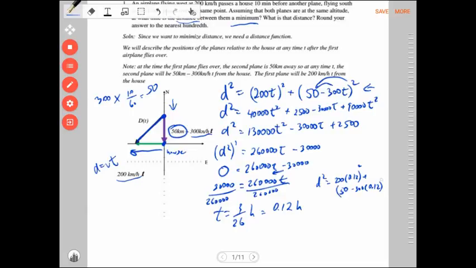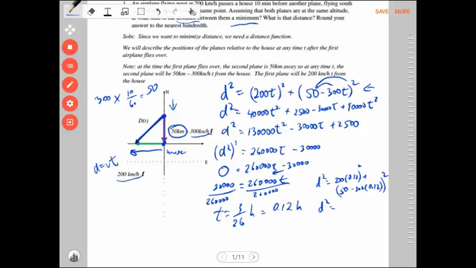Okay, and that one is all squared as well. Okay, so remember, using your calculator, either use 3/26 or use all your decimals for the 0.12.